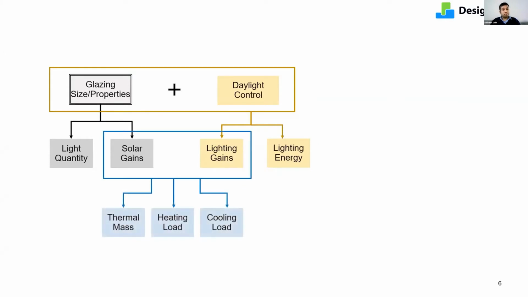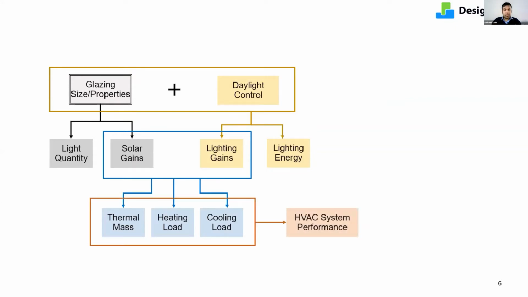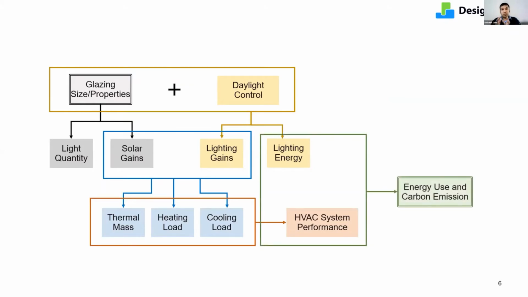This would then affect the amount of heat absorbed and released by thermal mass at any point in time, along with affecting the heating and cooling requirements in terms of their loads and energy. All of these things will affect the efficiency and performance of the HVAC system, and eventually will affect the energy use and carbon emissions.